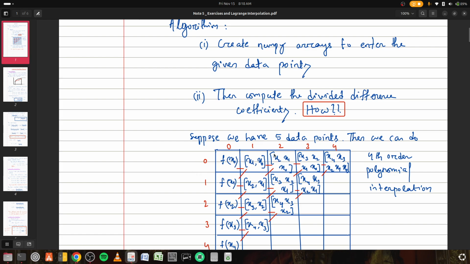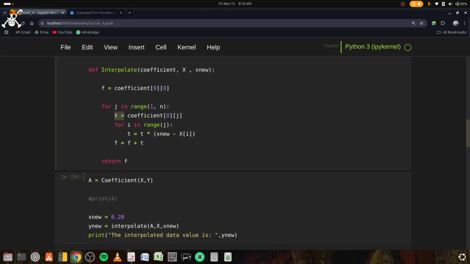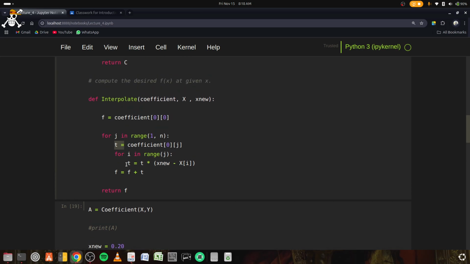So these are the coefficients, or this t is actually the coefficients, and they are running from 0 to j, meaning in the first row these are all the coefficients you are inputting.